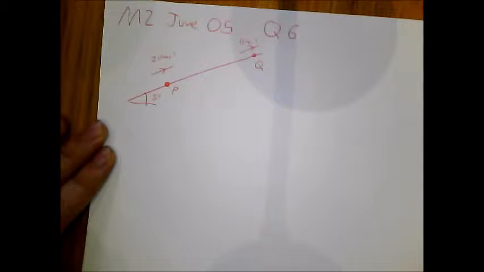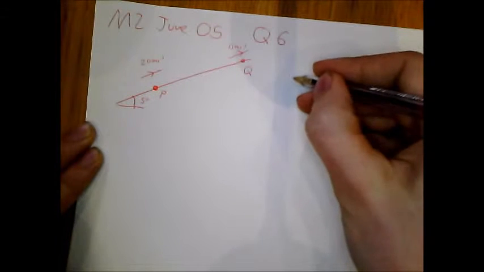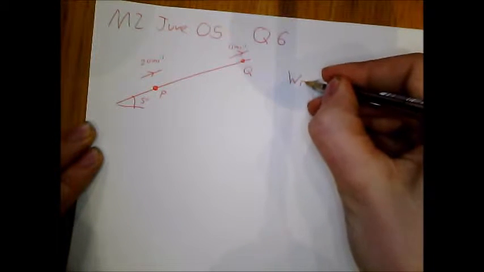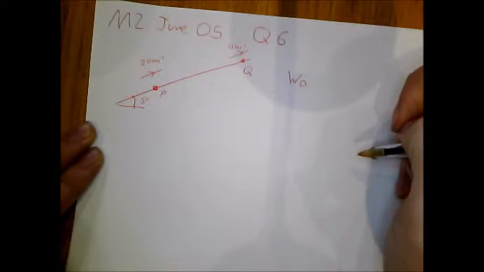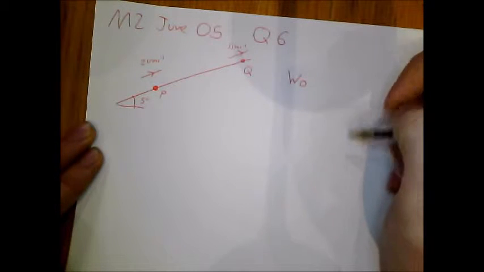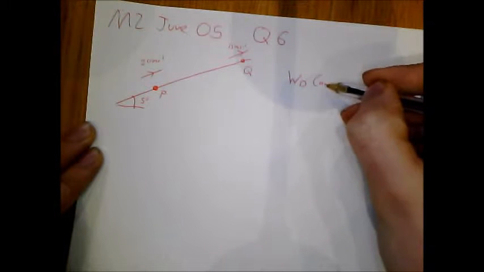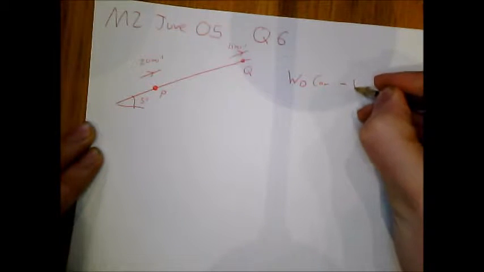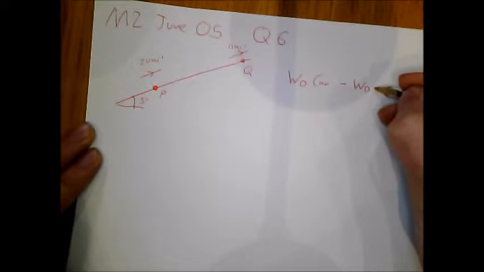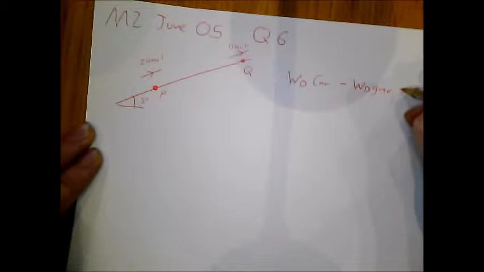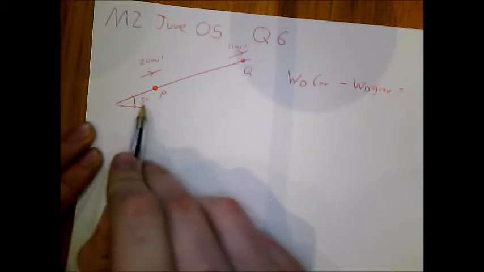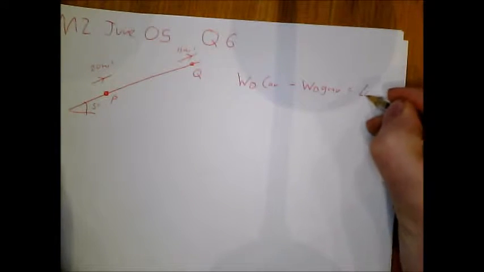Now, we're being asked for the work done of the car. So the work done is the change in energy. So work done of the whole system, which is part of the car, and work done by gravity, because we're working against gravity here with the angle, will be equal to the change in kinetic energy.